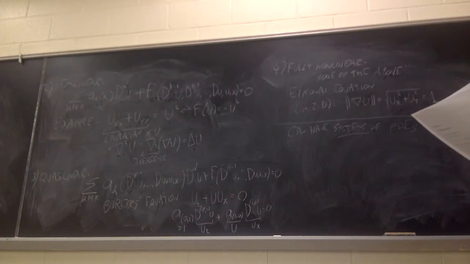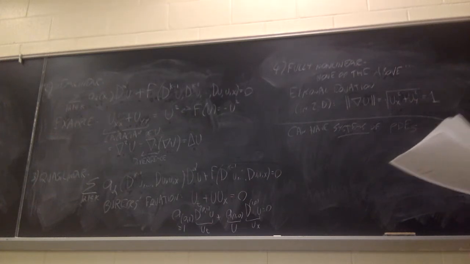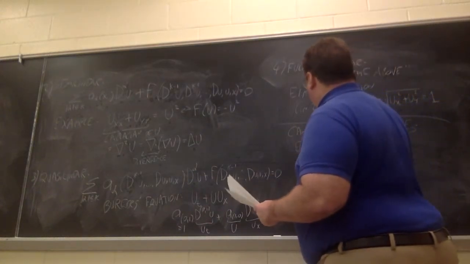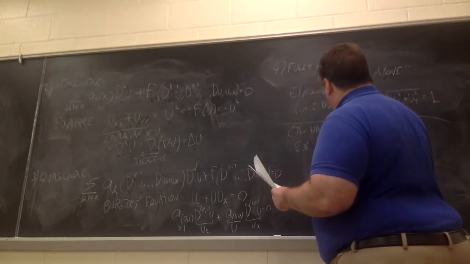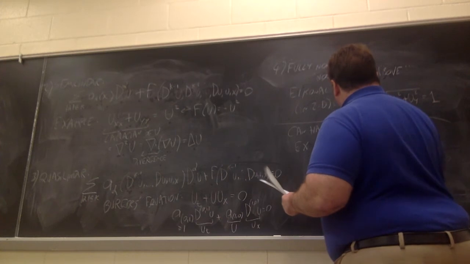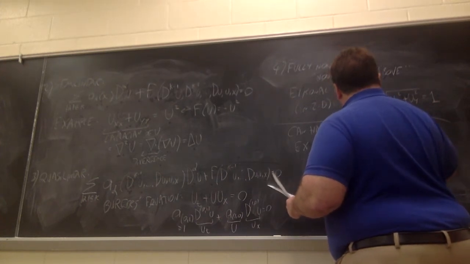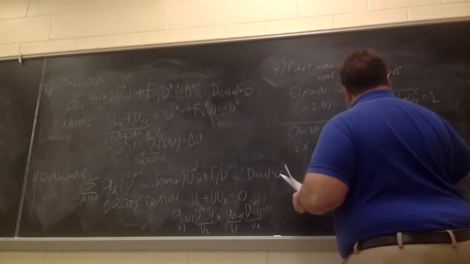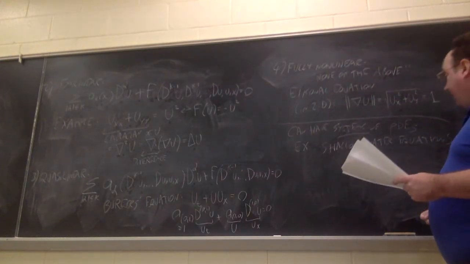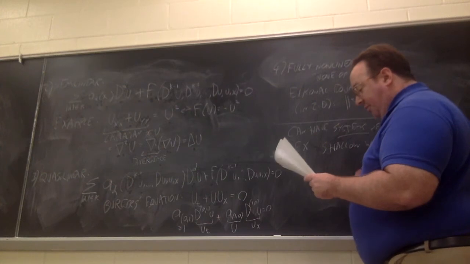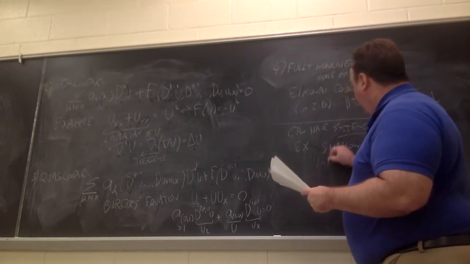But I will write down an example of a system: the shallow water equations. So it's a system of 2 equations and 2 unknowns.